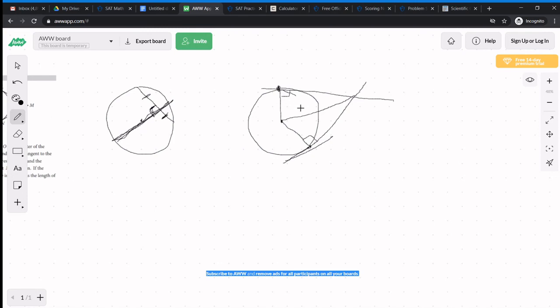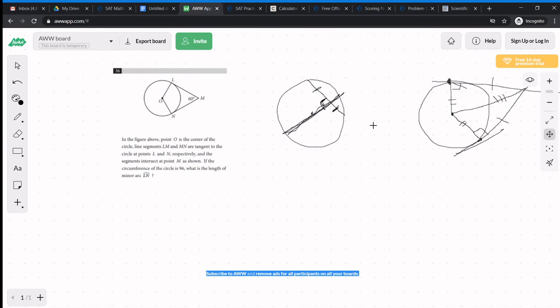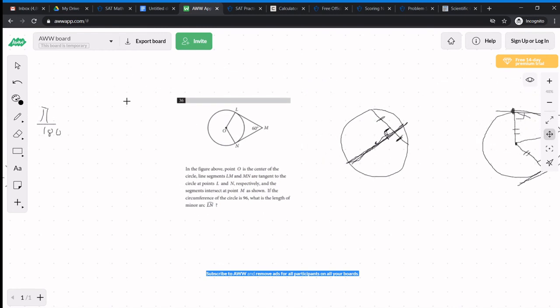Alright, so because you have these two tangent lines, these two side lengths are going to be equal. Just like these two side lengths are equal, and just like this one in the middle is equal. And that's pretty much all that you need for most SAT problems.